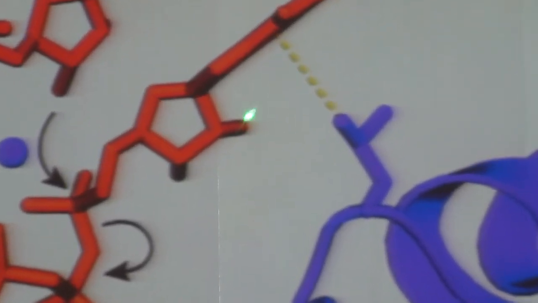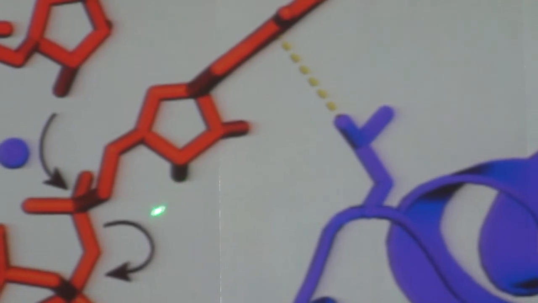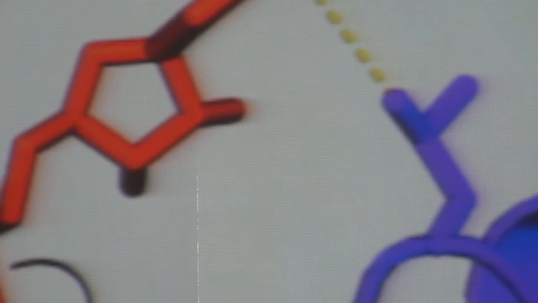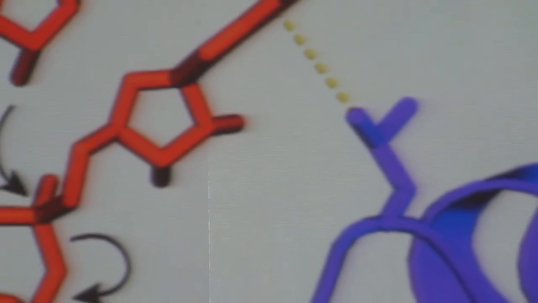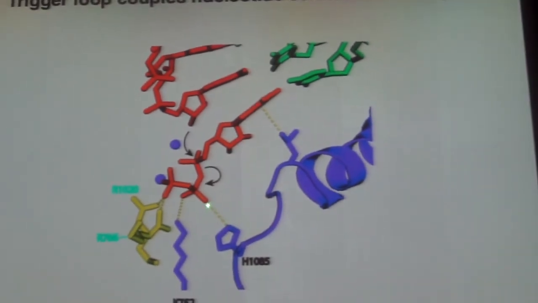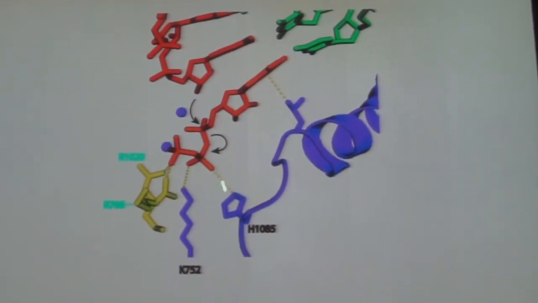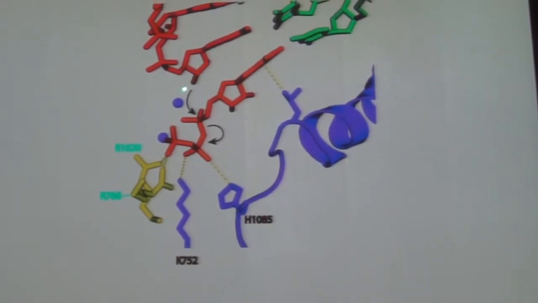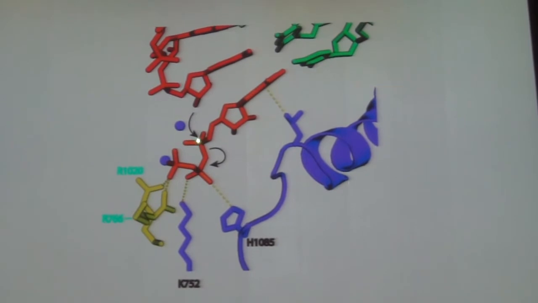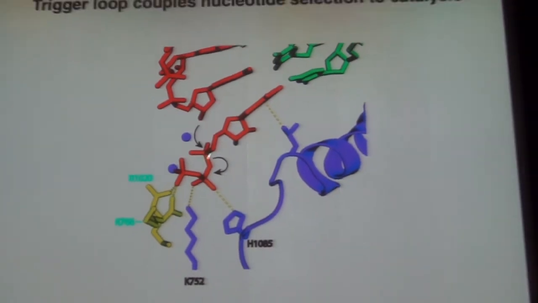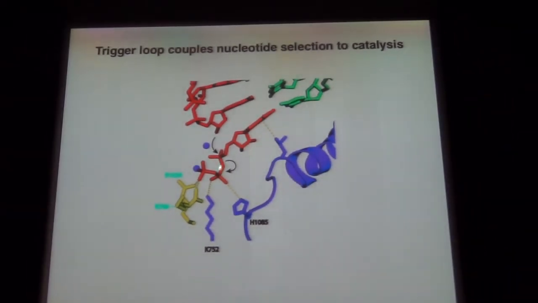In consequence of the precise alignment to better than 1 angstrom precision, a side chain of a histidine residue of the trigger loop is in a position to promote the flow of electrons during attack of the 3' hydroxyl group of the growing RNA chain upon the alpha phosphate of the triphosphate and displacement of the beta and gamma phosphates due to phosphoanhydride bond breakage.